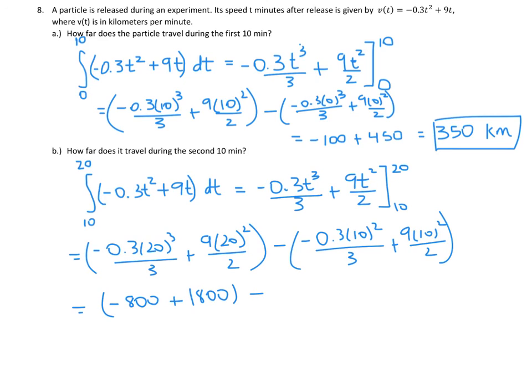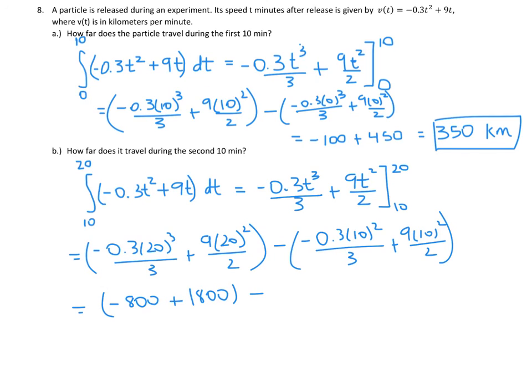Alright, minus, and I should point out we can save ourselves some work here. This entire quantity here, we calculated up here in part A, because recall we ended up just subtracting 0 from that quantity. So this quantity in part A turned out to be 350.